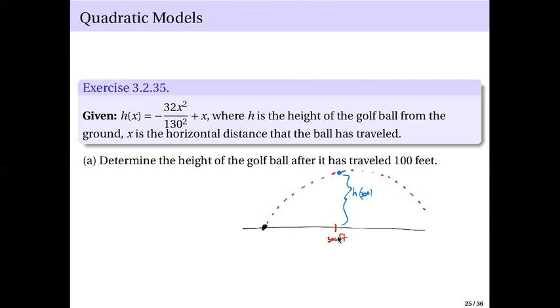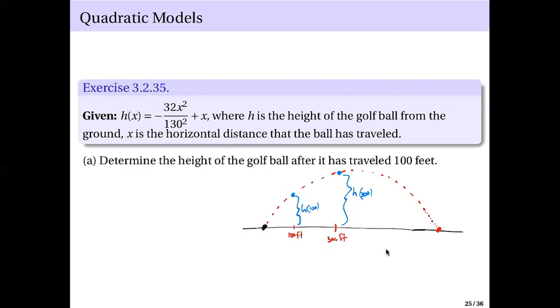And then h of 100 will be somewhere here. Again, the scaling here is not accurate. So of course, this golf ball will land somewhere here. How far is this from the initial point?